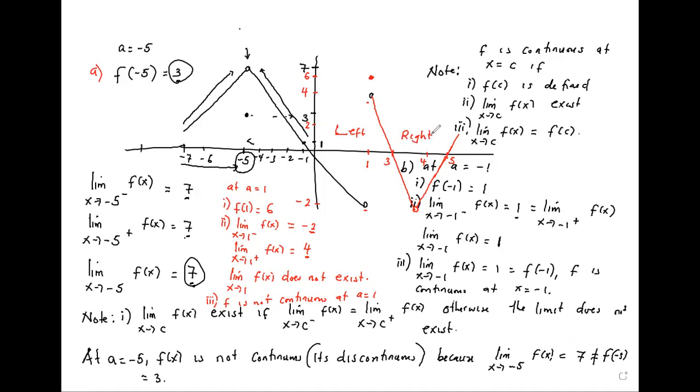So if they say the limit from the left, you check from the left direction. If I block 1 here, from the left of 1, we don't have the red line. We have the black one, so that's why I'm using the black one. And then from the right, we have the red one. We don't have the black one, so you know I'm using the red one. Yes.